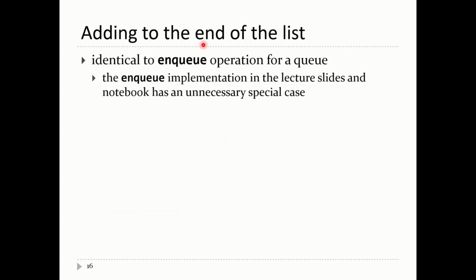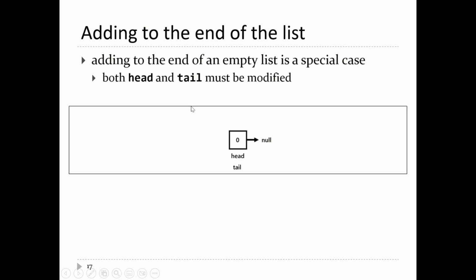To add to the end of a list, it's exactly like enqueuing to the end of a queue. So it's exactly identical. Like with the queue, in our particular linked list implementation, if you try to add to an empty list, there is a special case.